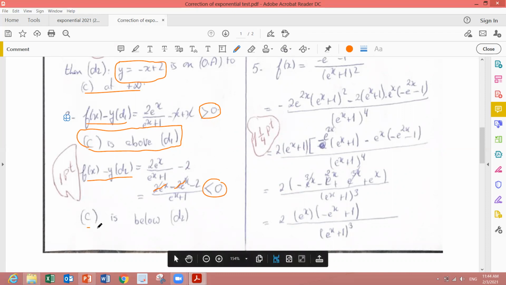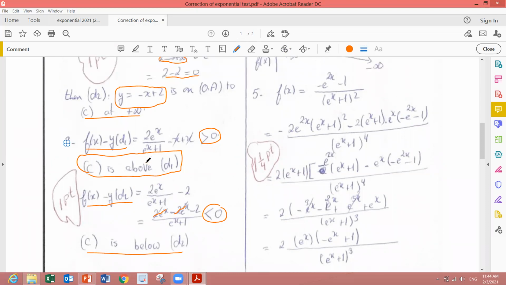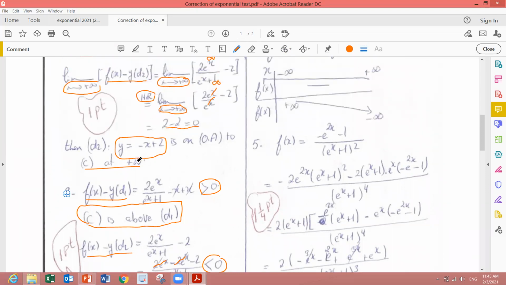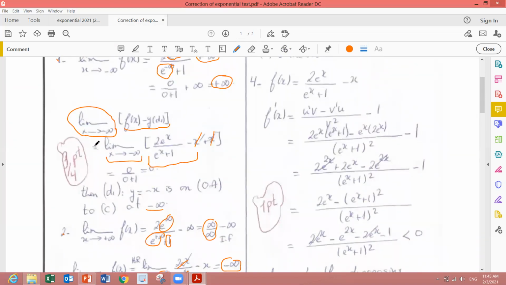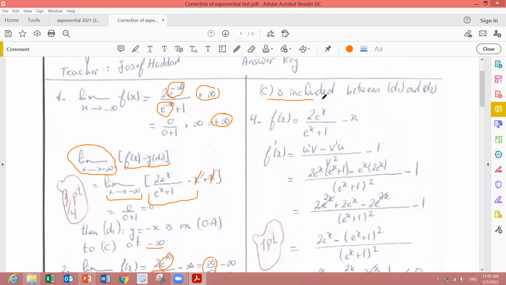Then we say that C is below D2. So here C is above D1 and C is below D2, which means C is included between D1 and D2.